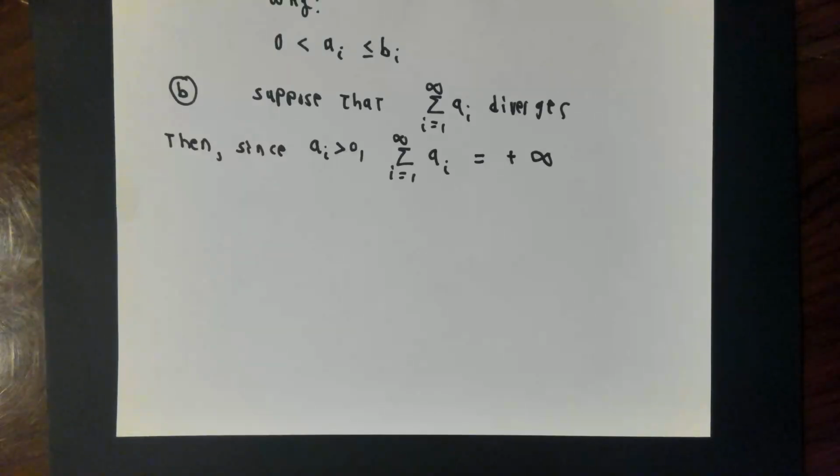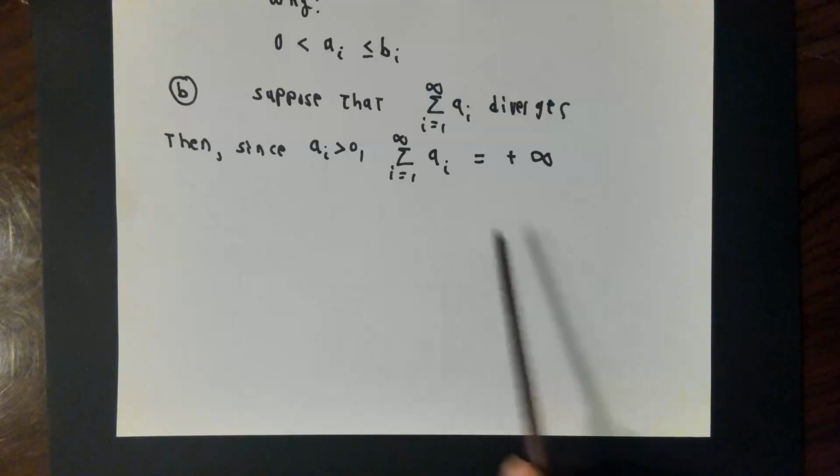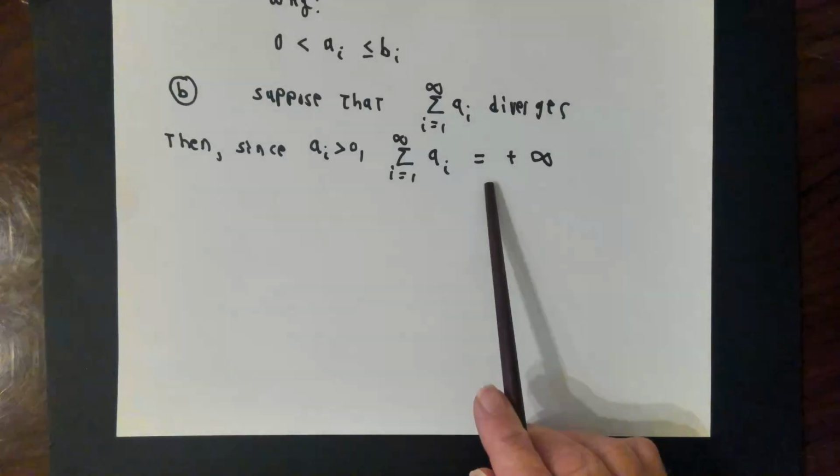Suppose that the sum from i equals 1 to infinity of a_i diverges. Because the a_i numbers are positive, a previously referred to fact tells us the way in which the series of a numbers diverges is that the partial sums have to become indefinitely big.